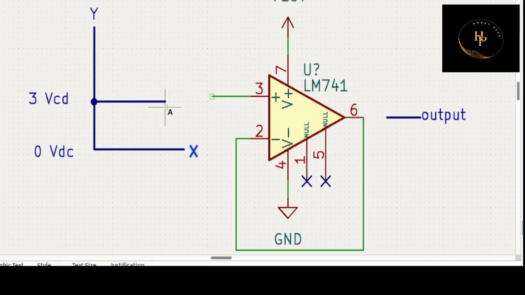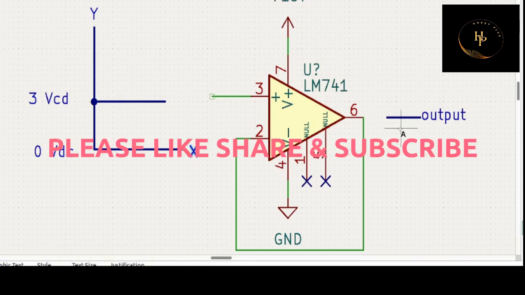When I put this voltage to pin number 3, what will happen? From the output I can get 3 volt here, but why? In my op-amp testing video I told you the output always compensates the non-invert input.